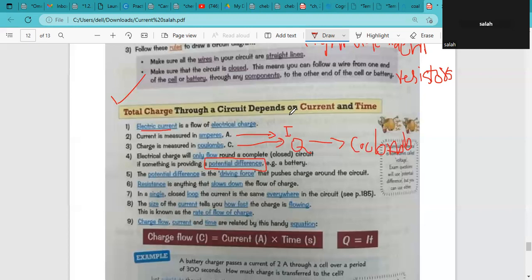And ampere is also the name of a scientist. In a battery, the potential difference is the driving force that pushes the charge around the circuit. Resistance is anything that slows down the flow of charge. We will see in detail what resistance is.